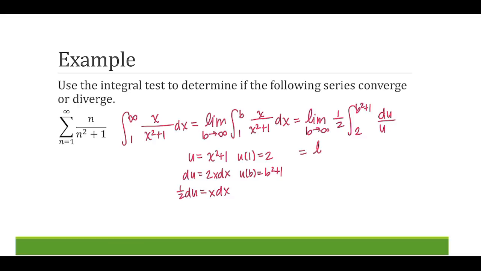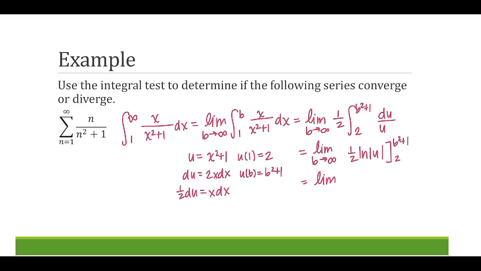So we can go ahead and take the antiderivative of that. We get the limit as b approaches infinity of 1/2 the natural log of the absolute value of u evaluated from 2 to b squared plus 1.